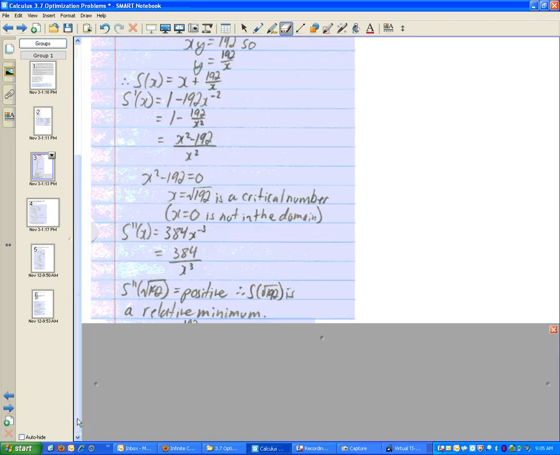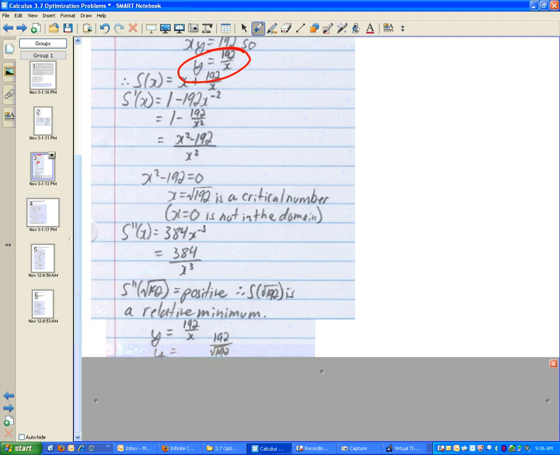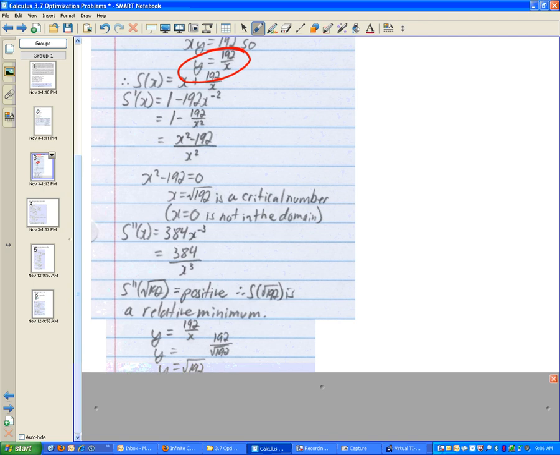Now, y equals 192 over x. I got that from there. So doesn't that mean y equals 192 over the square root of 192? And what is 192 divided by the square root of 192? Square root of 192.